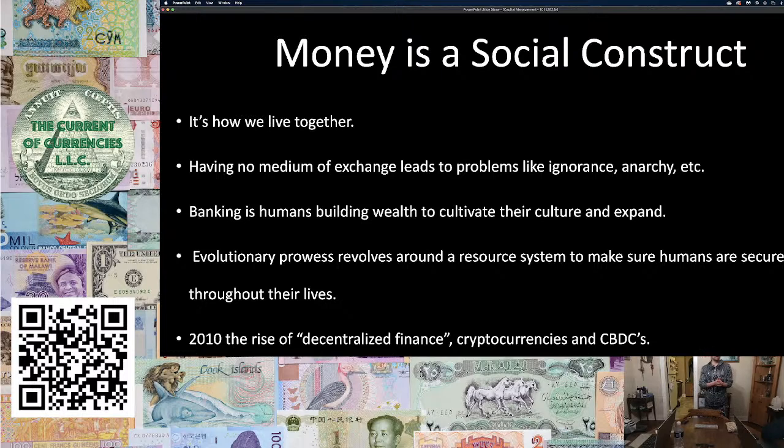Evolutionary prowess revolves around a resource system to make sure humans are secure throughout their lives. Again, it gives us a sense of security. It gives us the resources that we need to survive. In 2010, the rise of decentralized finance happened, and that opened the door to cryptocurrencies and CBDCs, which are central bank digital currencies.